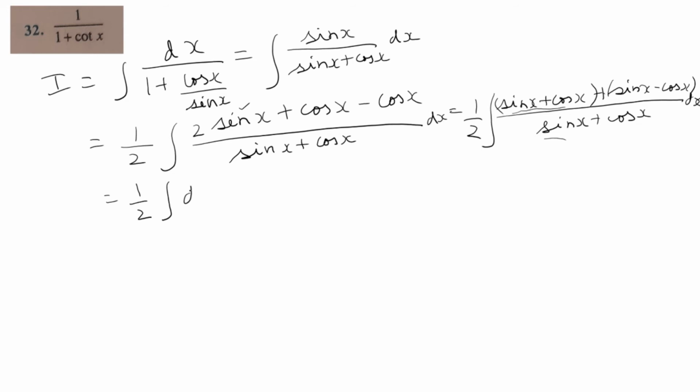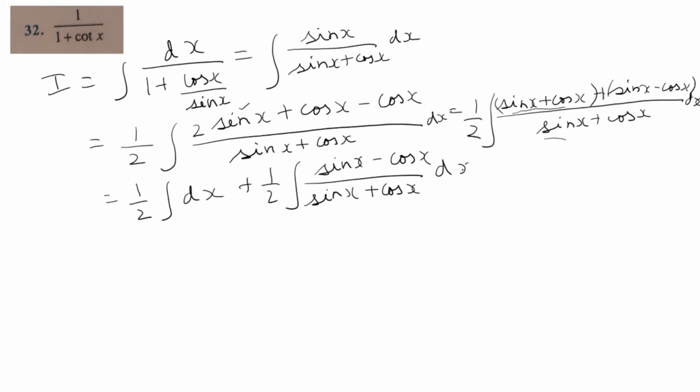We will be left with half integral dx plus half integral sin x minus cos x by sin x plus cos x dx. Now we can do substitution for this, and finding the integral for integral dx is very easy. For the second integral we can use substitution.